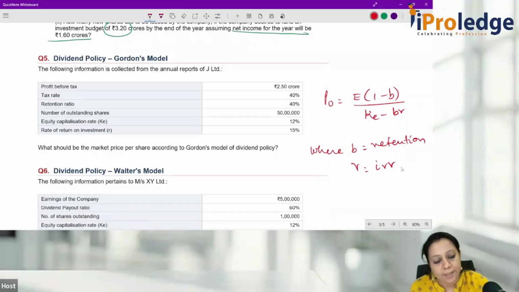So in depth, we have discussed the Gordon's model in regular class. Because it's a marathon, I'm just confining myself to the formula. Okay. All right. So this is the Gordon's format.